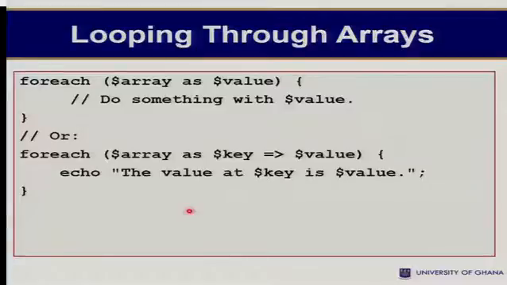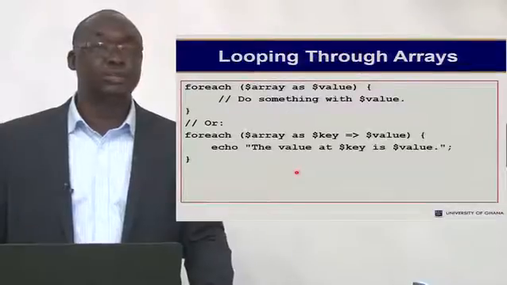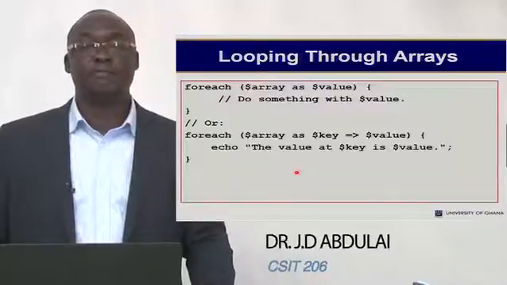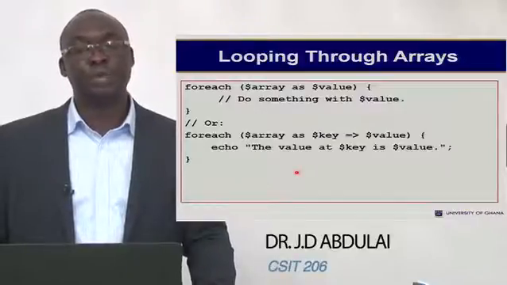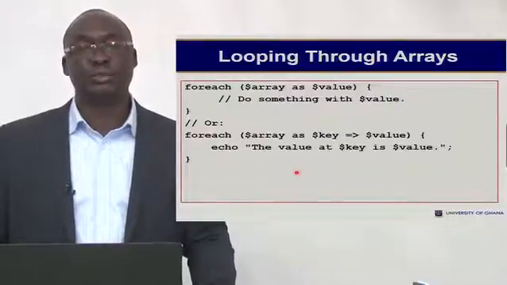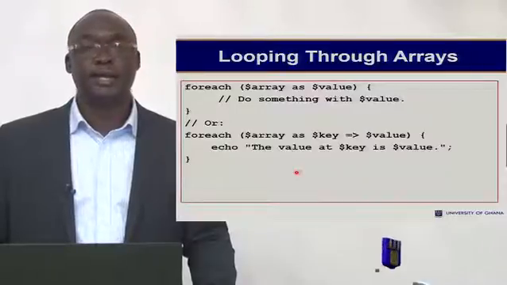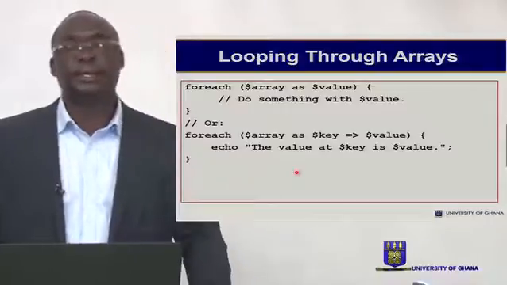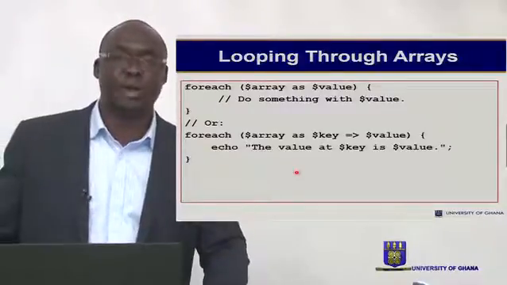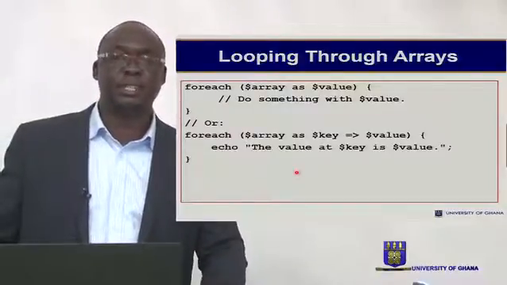Of course, if it is the numeric indexed array, we can just use the for loop, which is for $i equals 0 all the way to the end. So you do for $i, then $i less than or equal to the array length, and then $i++ to access the elements within the array.